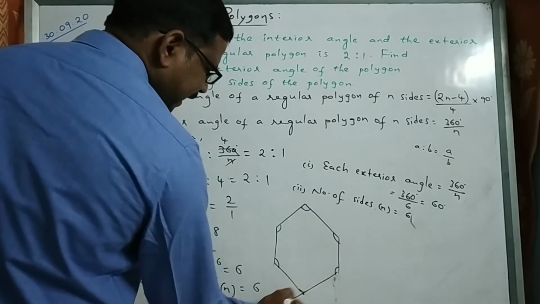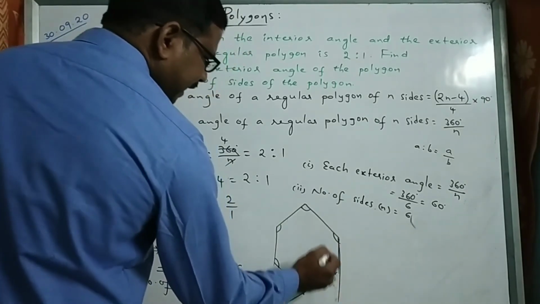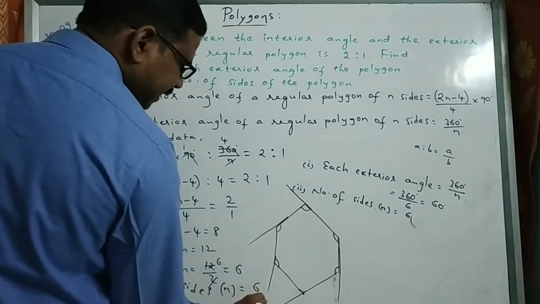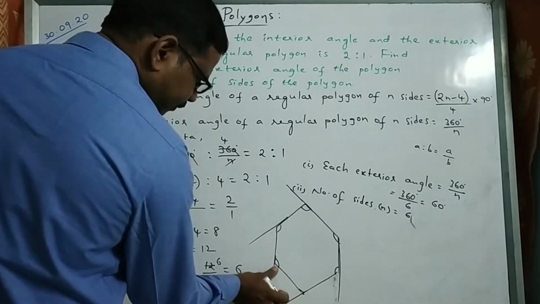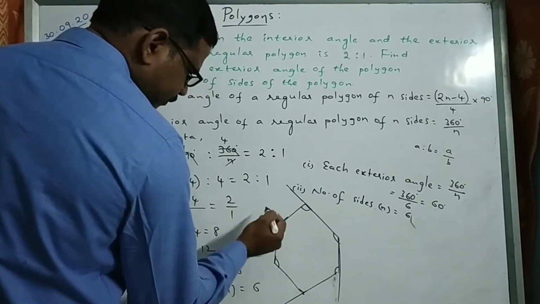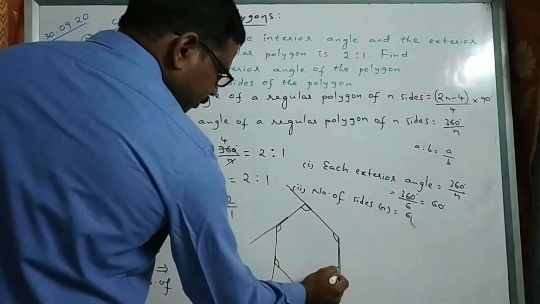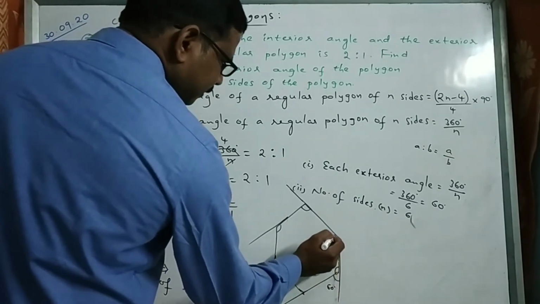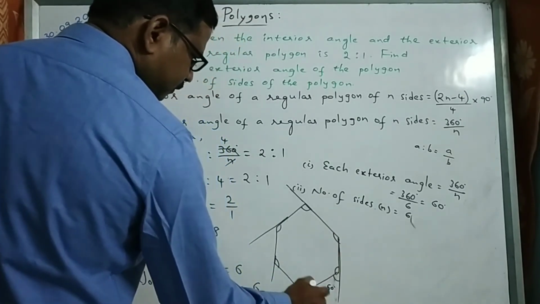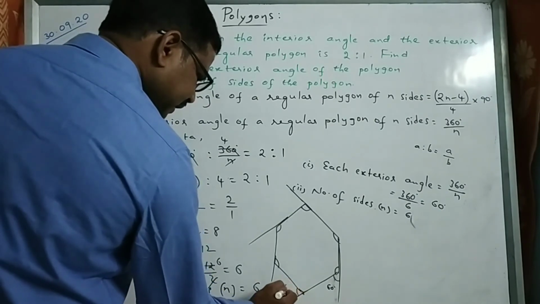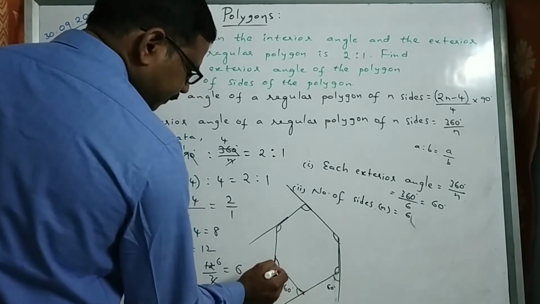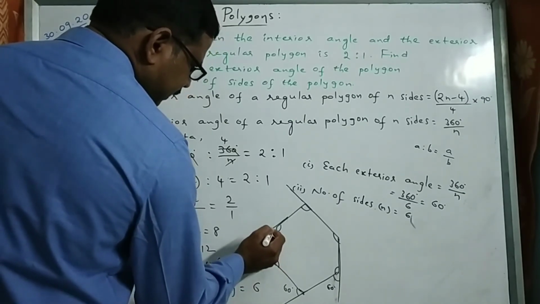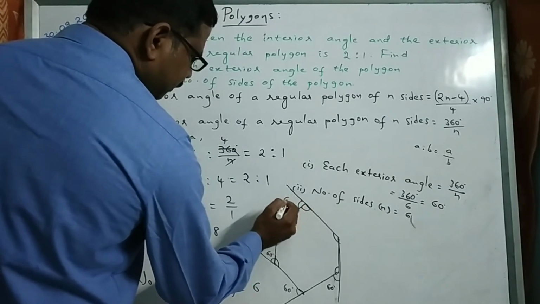So what is each interior angle? First you say exterior angle, how much? Exterior means you have to extend the sides. So here this is 60. Each exterior angle is 60 here. This is 60, this is also 60, this is also 60.